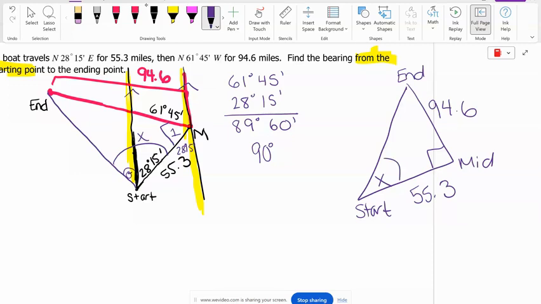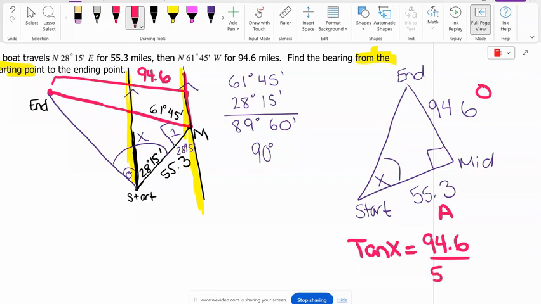I'm going to use the opposite and the adjacent. So the tangent of X is equal to 94.6 over 55.3. No, because I'm using this big triangle. Let me shade it.